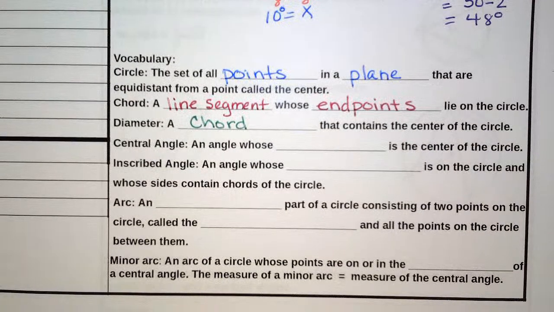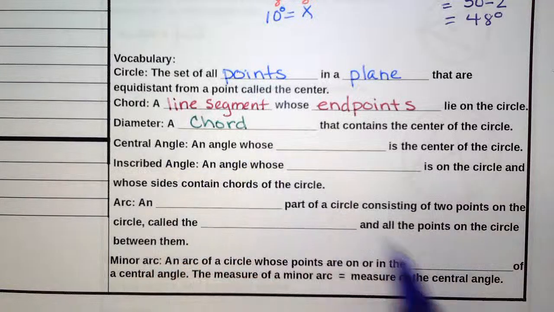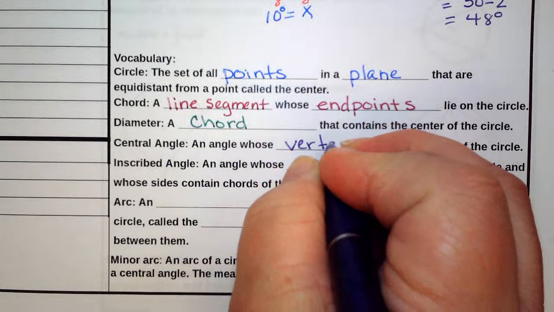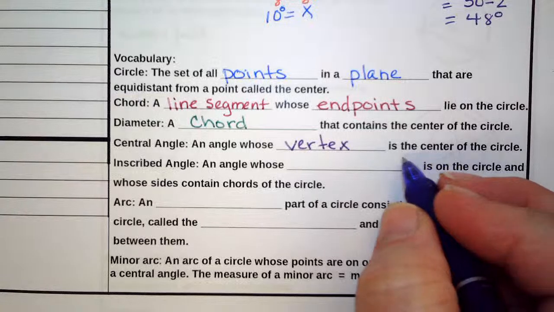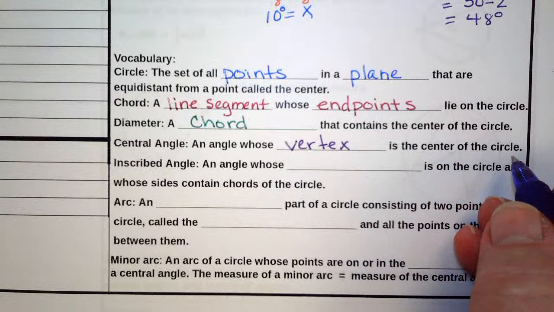And as we keep going, we've got central angle. What is a central angle? A central angle is an angle whose vertex is the center of the circle. So picture a circle, see that point in the middle?